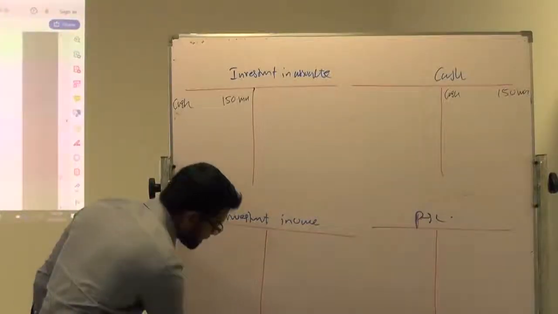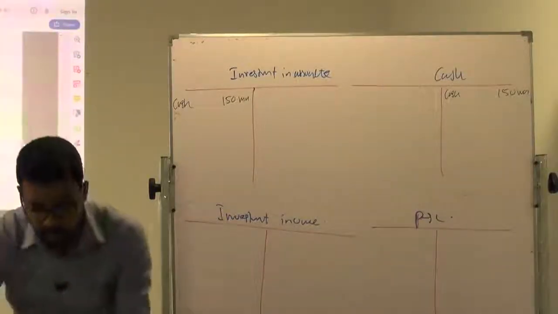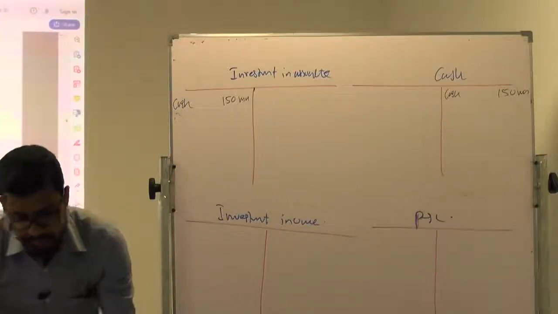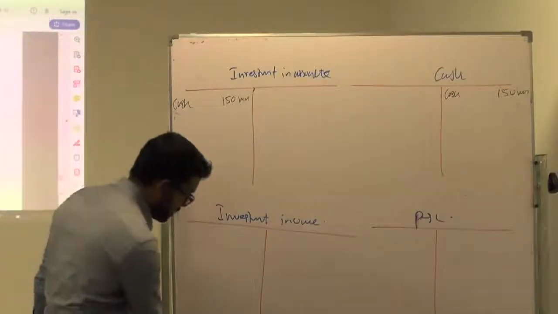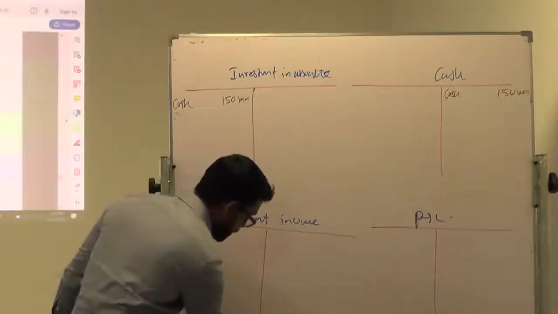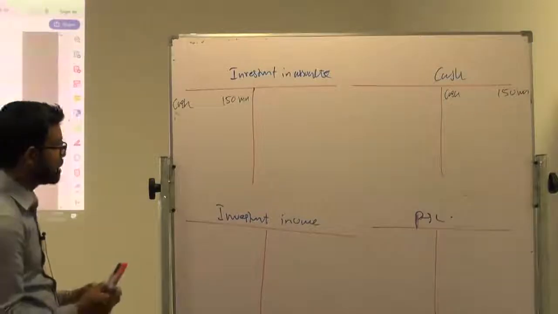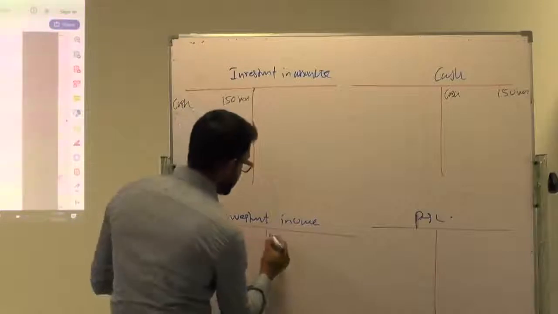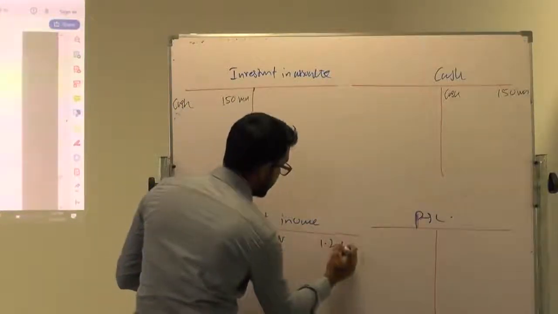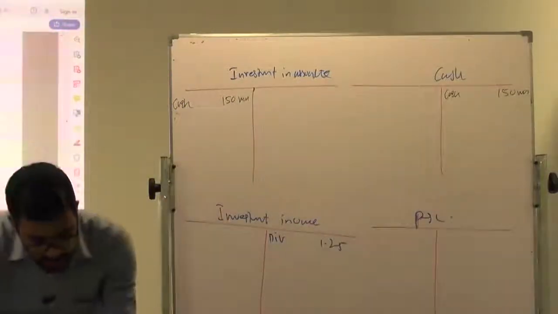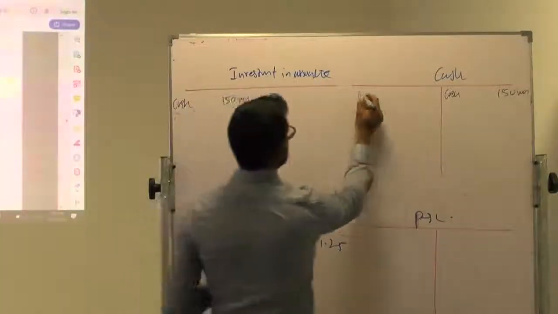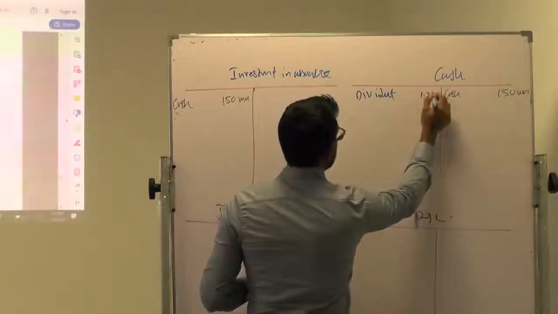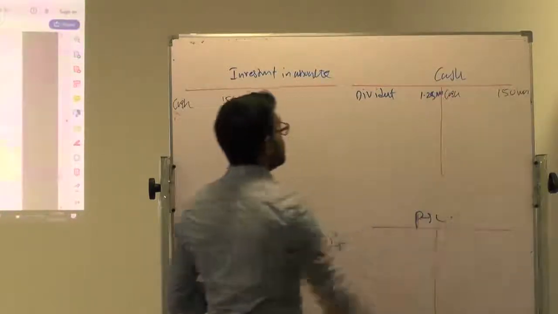You have acquired a 25% stake in Atlantic, so one quarter of 5 million is 1.25. So credit investment income, dividends 1.25, and you have received it in cash, so debit cash 1.25 million.